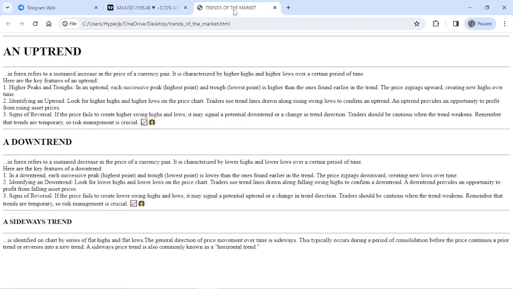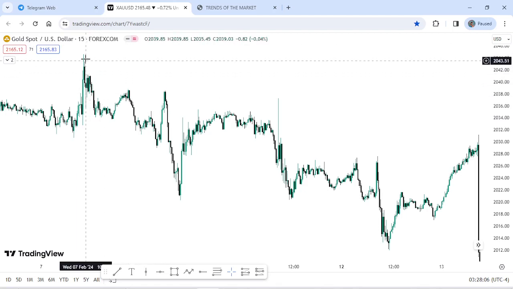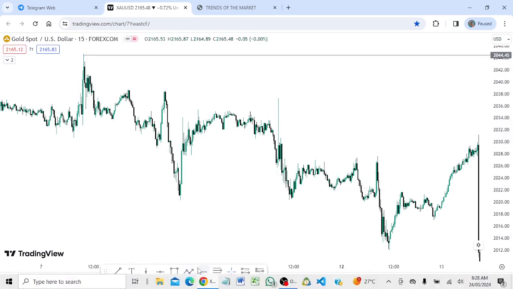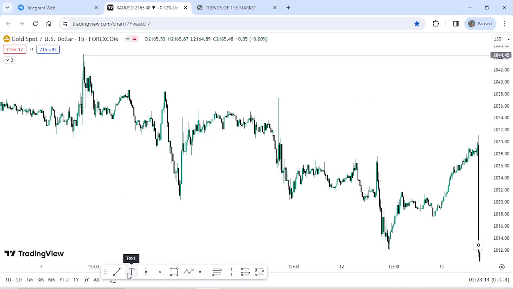So number one is identification of a downtrend. We say that each successive peak, that's the highest point, and the trough is lower than the ones found earlier in the trend. This is the peak, so let us call it our high, and this is the trough, so let us call it our low.